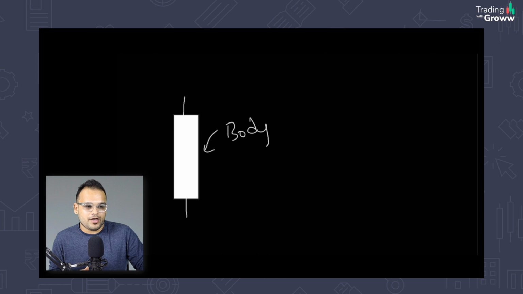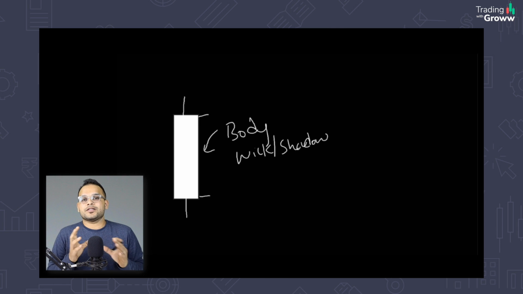So this is the body of the candle, from this point to this point, and the remaining part of the candlestick we call the wick or the shadow. Let me note it down. We can call it a wick or shadow.